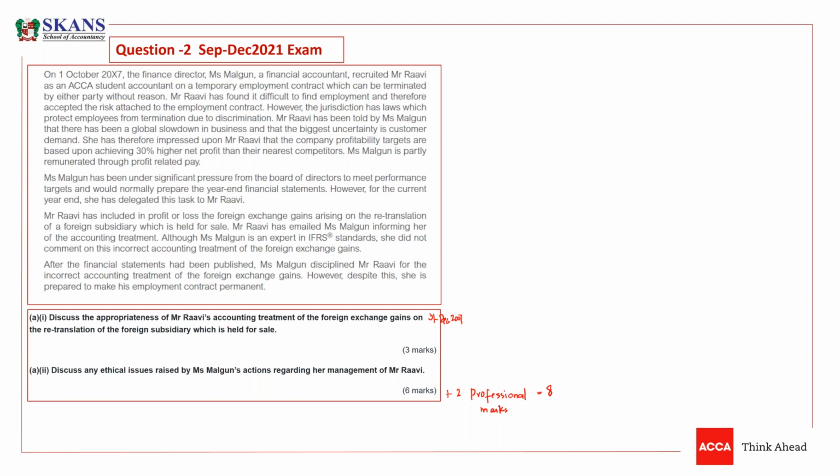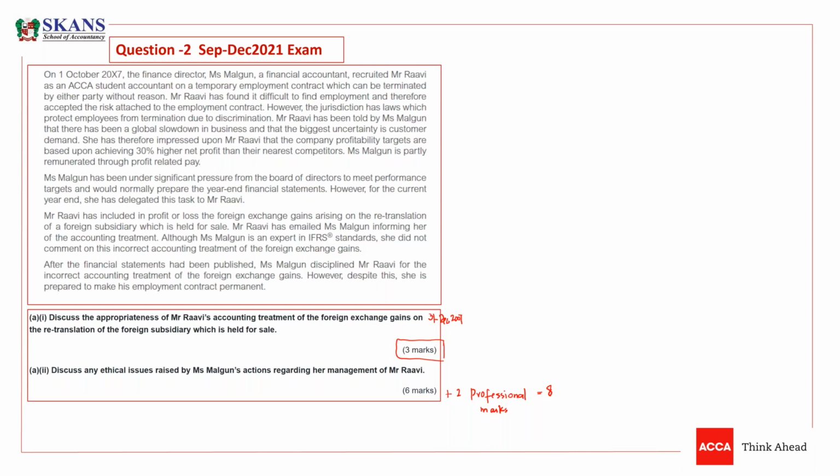So it is not yet sold, it is held for sale, but they are asking you whether that treatment is appropriate or not. 3 marks are available, so you need to write it just for 3 marks. Remember this point.